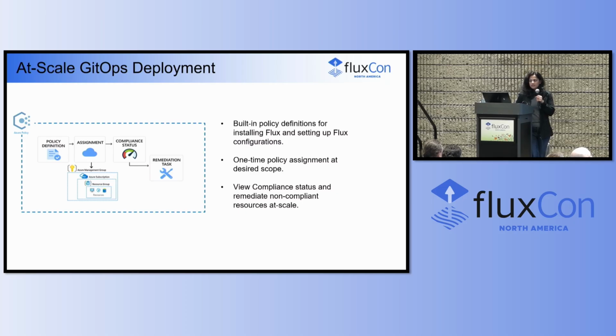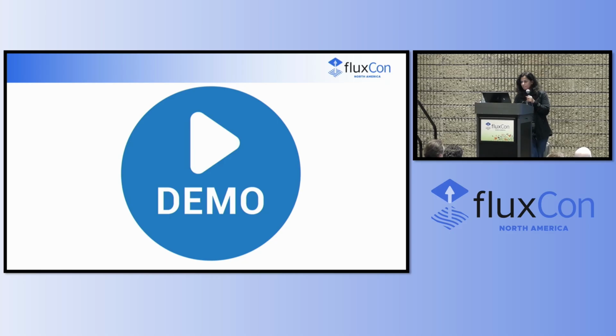So with this, there are built-in policies for Flux as a cluster extension and for deploying Flux configurations. So with just a one-time assignment, you would be able to deploy Flux at scale across your Kubernetes clusters. So next, I'll be demonstrating this deployment at scale with Azure Policy.